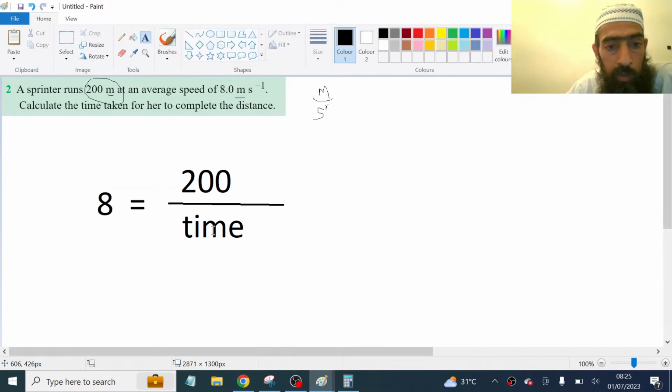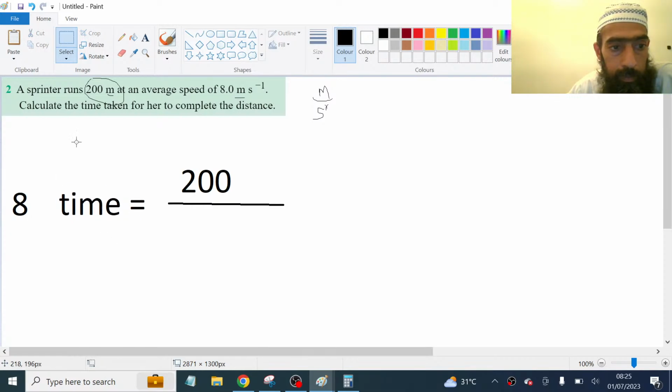Now let's rearrange for time. So we've got divide by time. If we want to take the time to the other side, then it would have to change from divide to a times. So let's move the 8 a little bit across, and let's put times by time.